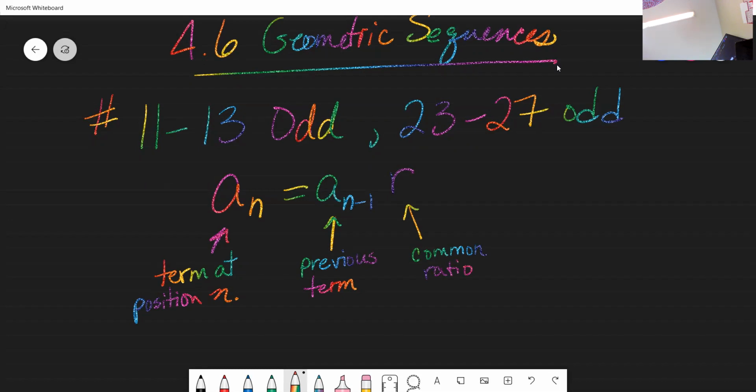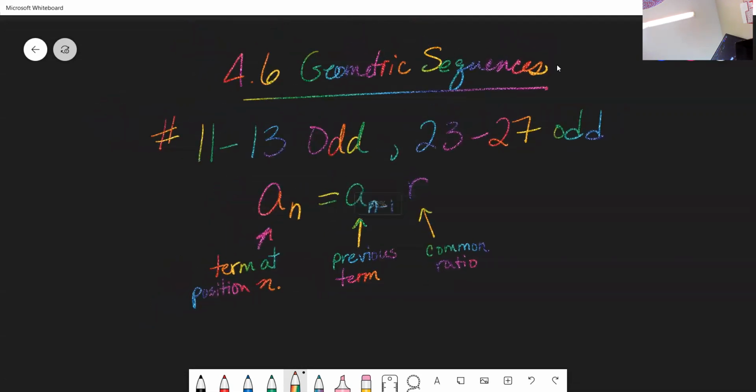So this is very similar. It's sort of a mirror to what we saw for arithmetic, except with arithmetic sequences, we added the common difference to the preceding term. Whereas when we're working with geometrics, we're multiplying. So we have to multiply the preceding term by the ratio.